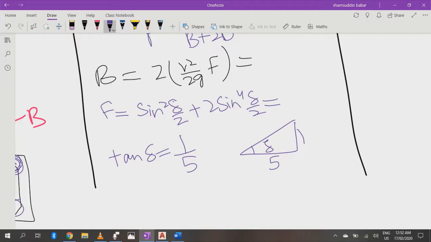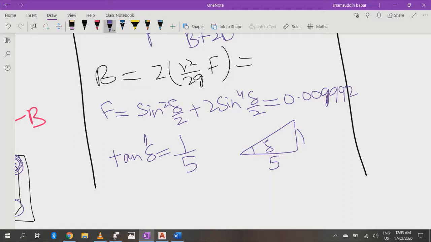Perpendicular is 1 and base is 5, so 1 upon 5, and using this formula we can find out sigma, and we can find out F actually if we have sigma. So you can always find out using calculator. I am also writing this value of F, 0.0099992.